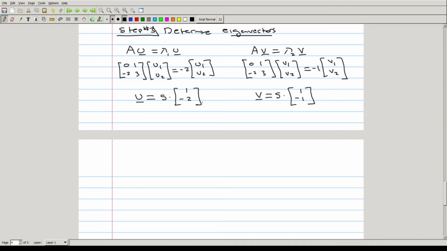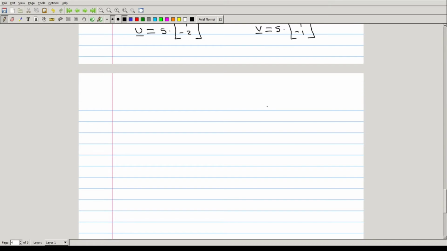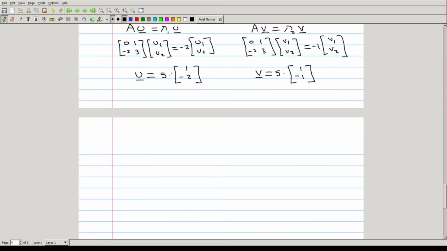So we're free to choose any value of s here and any value of s here, but the easiest choice is typically s equals 1.